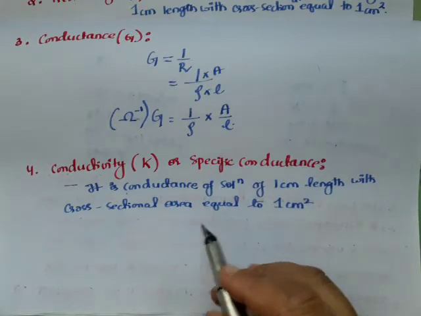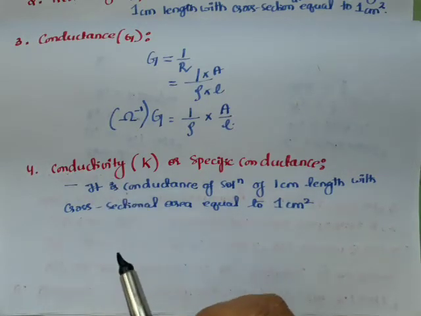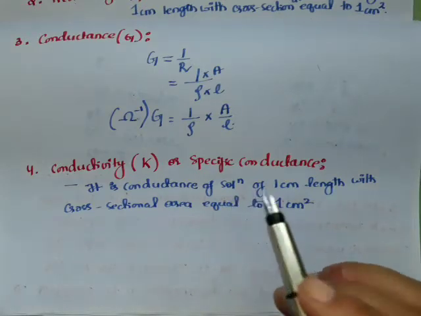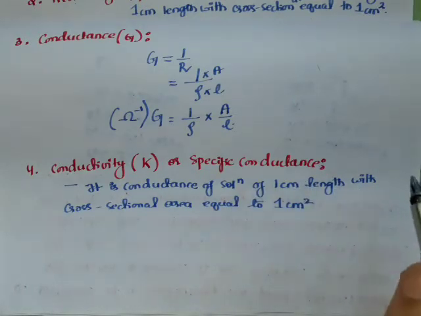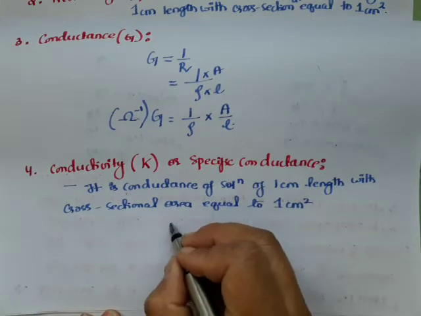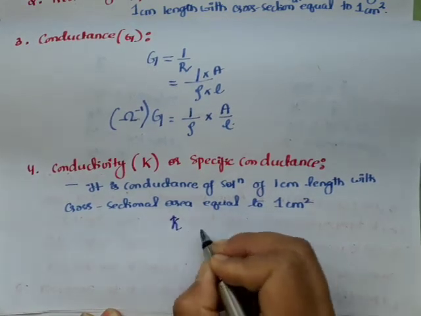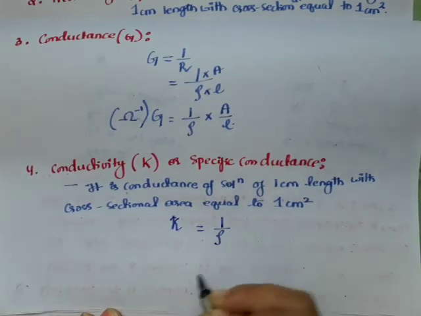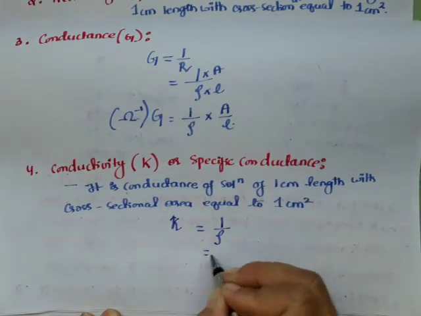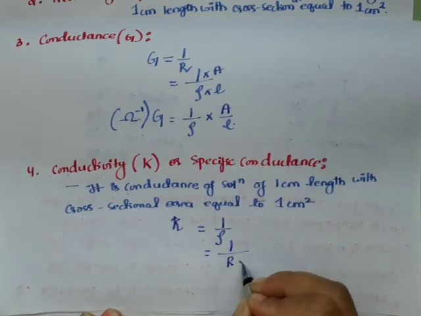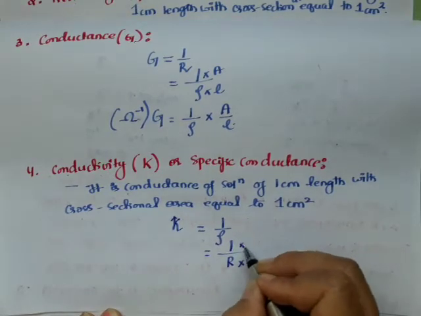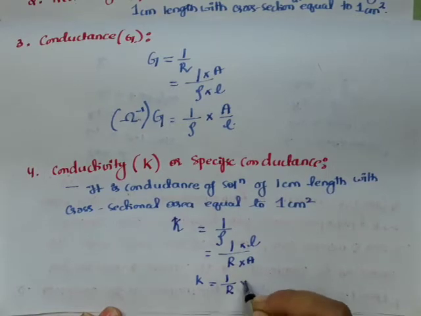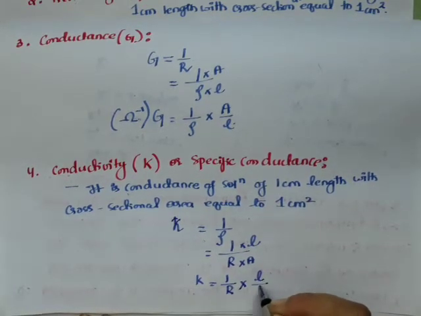Alternatively, we can define conductivity as the conductance of a unit volume of solution of electrolyte. Mathematically, kappa is the reciprocal of resistivity. Resistivity is R A by L, so kappa is equal to 1 by R into L by A.